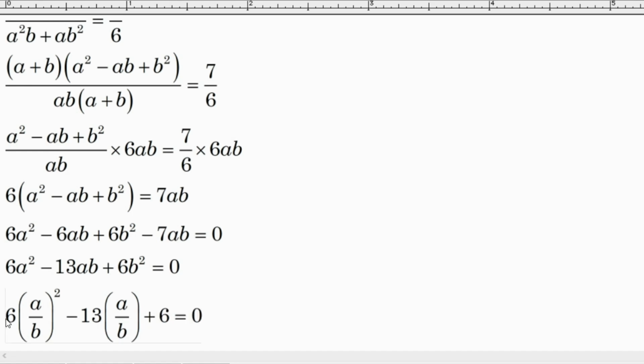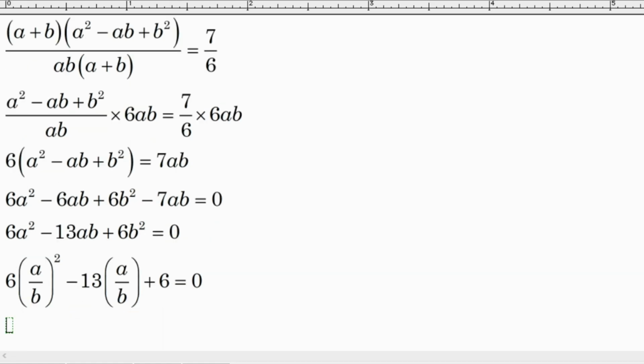Now we have a quadratic equation in terms of a over b, so we can solve this equation in order to get the answer for a over b.